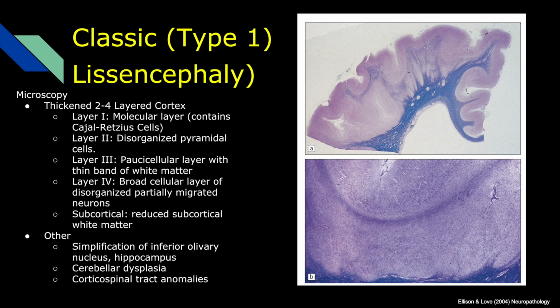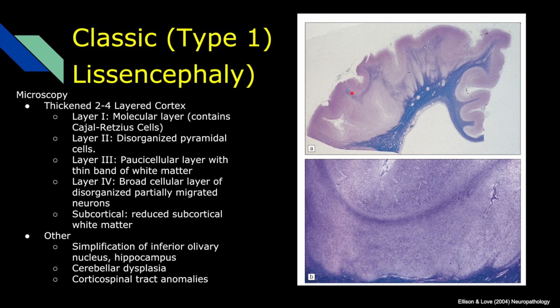Here's some H&E images showing the microscopy again. You have this medially, looks actually quite normal. This is the corpus callosum. This is the cingulate gyrus, and then medially it's quite normal. And then as you go laterally, it gets thicker.